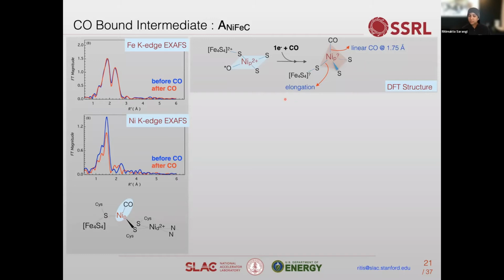So we compared the XAPs to DFT, and DFT revealed a lot more about it, which said that the nickel center, which was square planar, is now tetrahedral with the nickel carbon bond at 1.75 angstroms, which matches the XAPs data really well, but also told us that the sulfur that got elongated was this sulfur that bridged to the iron sulfur cluster.